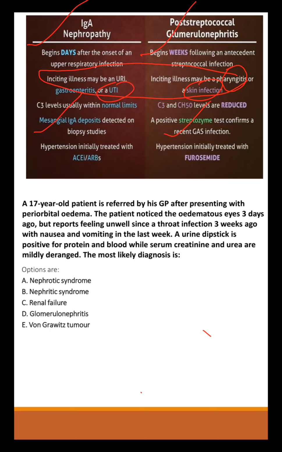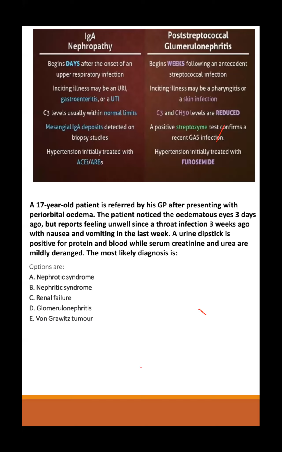This question will be discussed with Dr. Kufsia here. Yes, ma'am. A 17-year-old patient is referred by his GP after presenting with periorbital edema. The patient noticed the edematous eyes 3 days ago, but reports feeling unwell since a throat infection 3 weeks ago, with nausea and vomiting in the last weeks.